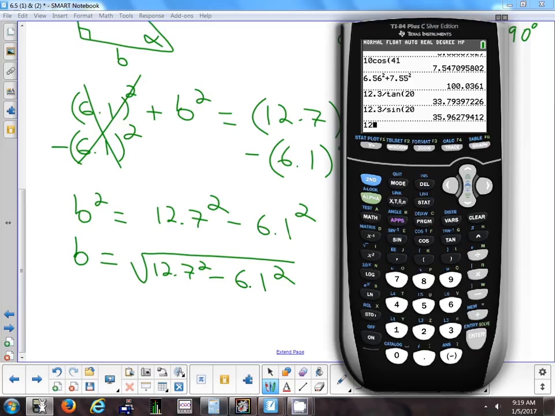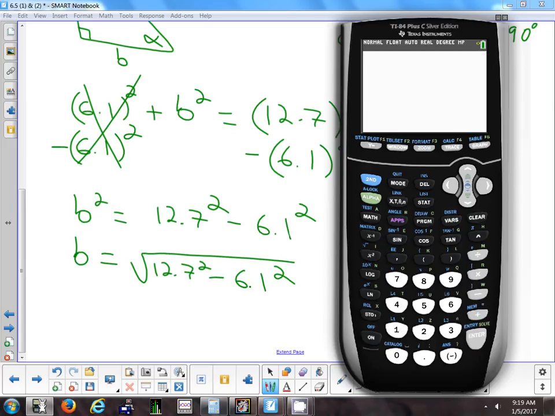If you take like 12.7 first and then square it and say, all right, I'll call it 161.3, then you've already rounded this answer off. And then you're probably going to do the same thing with 6.1. You're going to round it. And then you're going to subtract it, take the square root, and then round it again. So now you've rounded 3 times in the same problem. So your answer is not as accurate. Okay, if we type it in this way, we're going to round 1 time, and that's it.